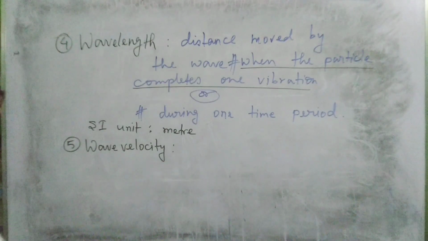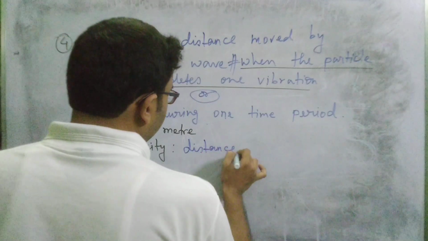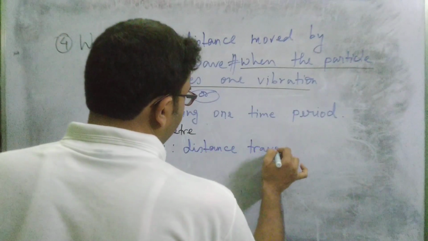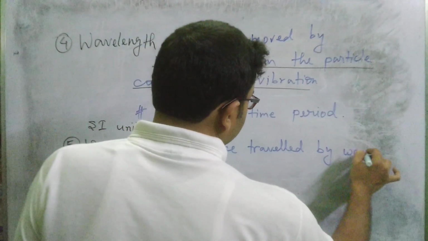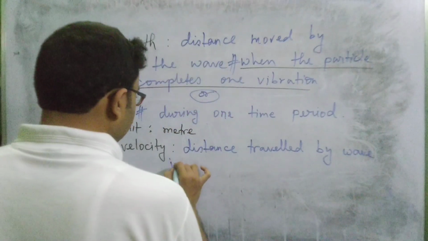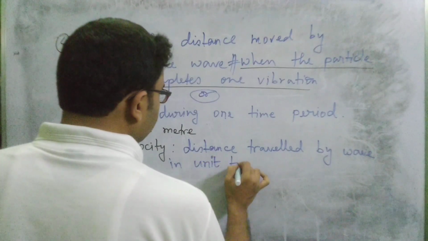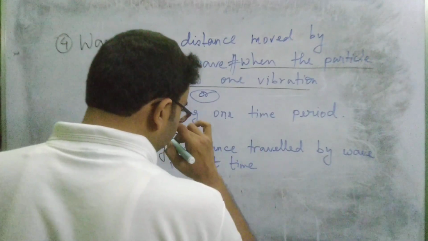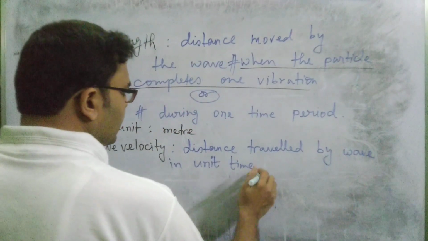So wave velocity can be regarded as the distance traveled by a wave in unit time. This unit time can be 1 second, 1 minute, 1 hour, but generally it is taken to be 1 second.